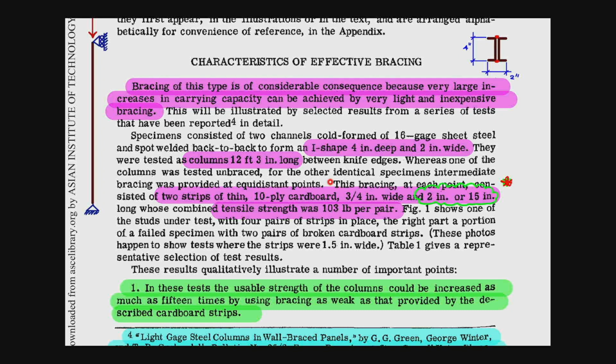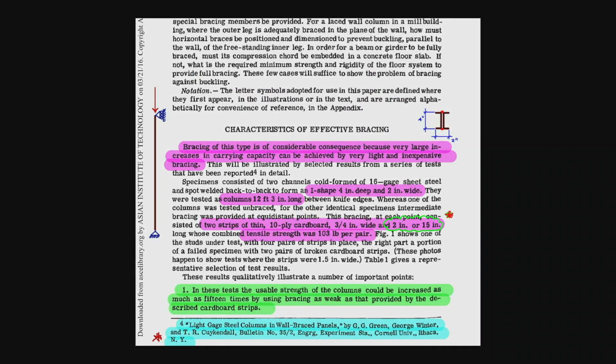Yeah, it's a cardboard 3/4 inch wide. So all the braces they provide are made of cardboard, of which the widths are all equal to 3/4 inch, made of the same thickness. Basically, the cross sections are identical.